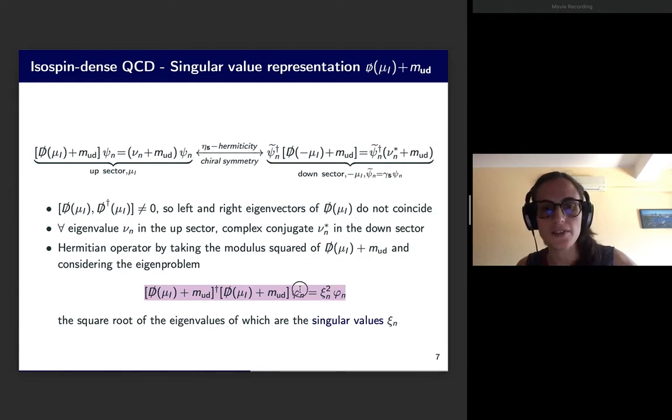So again, you have a set of eigenstates, which I am indicating by phi n, and you have this psi n squared, which are the squares of what we call singular eigenvalues. The square roots of these are the singular eigenvalues, and these are the eigenvalues of the eigenproblem that one constructs by taking the massive Dirac operator, daggering it, and multiplying it by itself.